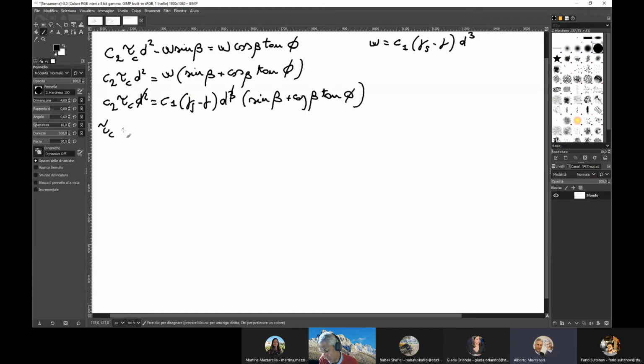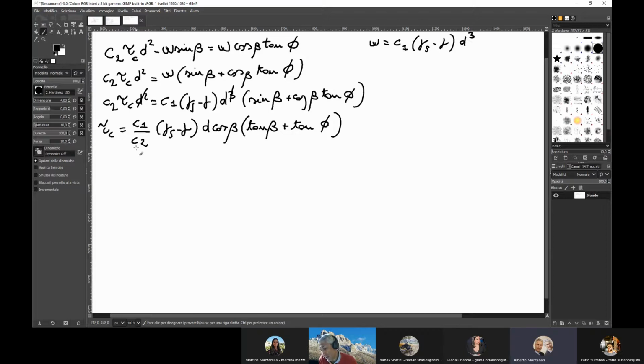To get an explicit expression for tau c, I can write it as C1 divided by C2, which multiplies gamma S minus gamma d, and then I can take as a common factor cos beta, and then here between round parentheses sin beta divided by cos beta is tan beta plus tan phi. Okay, I think this is fine.